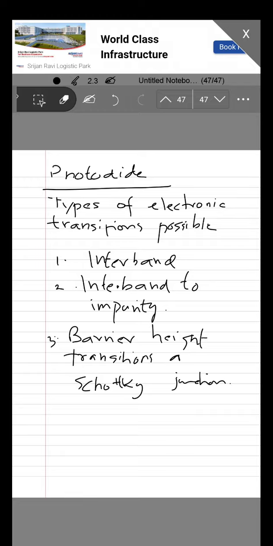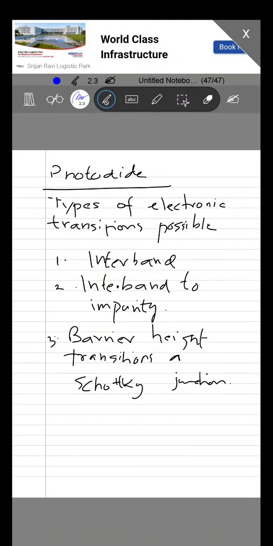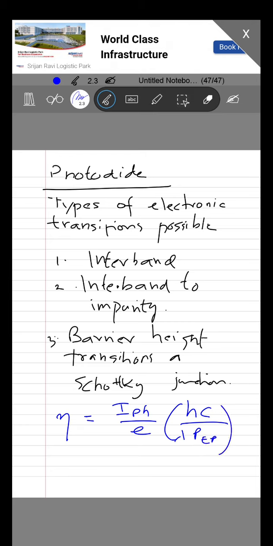A photodiode is categorized by its efficiency, which is expressed in terms of the quantity eta, given as I_PH by e into hc divided by lambda P_op, where eta is the quantum efficiency.